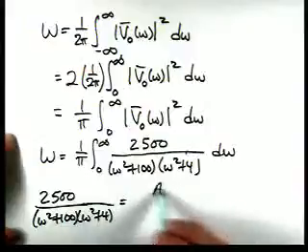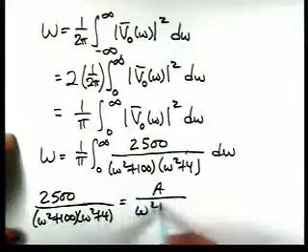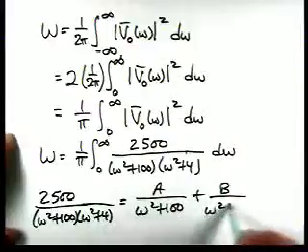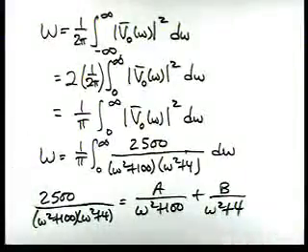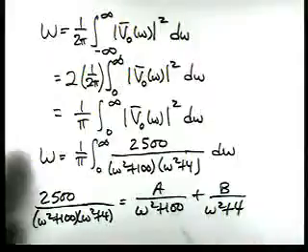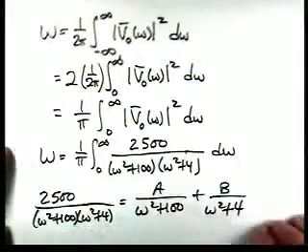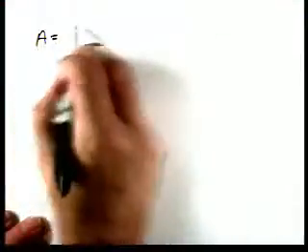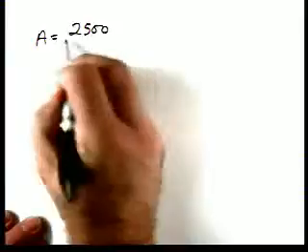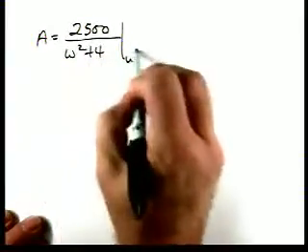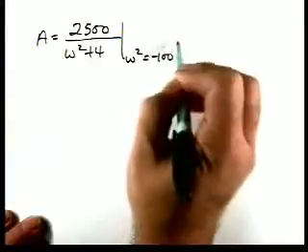We can write it as A over omega squared plus 100 plus B over omega squared plus 4. The way we'll find A is to multiply through by omega squared plus 100 and let omega squared equal minus 100. So A is 2500 over omega squared plus 4, evaluated at omega squared equal minus 100.